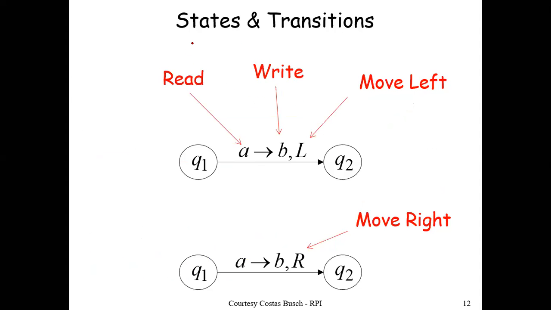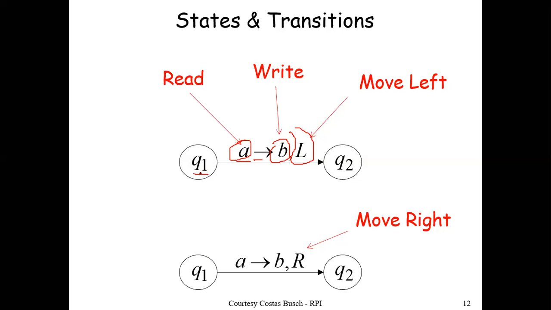Here you can see how the state and transition are represented. You are on Q1, you are reading A, and then an arrow sign separates the read and write symbols, and then a comma separates the reading and writing from the movement. This symbol is the movement, this is the read symbol, and this is the write symbol. The arrow shows that before the arrow is reading and after the arrow is the writing symbol.